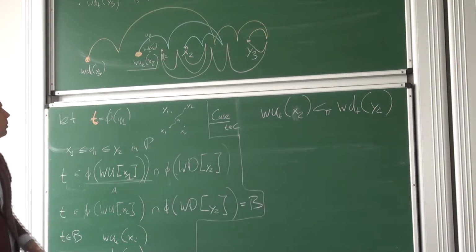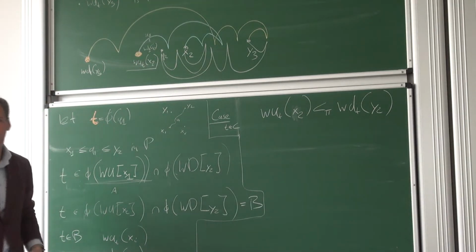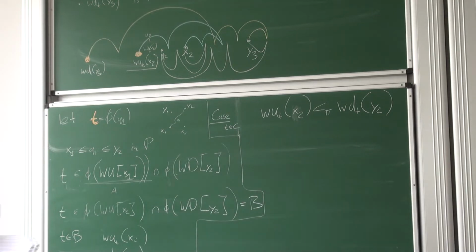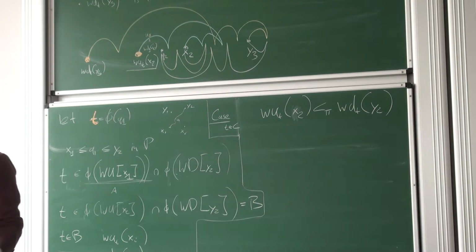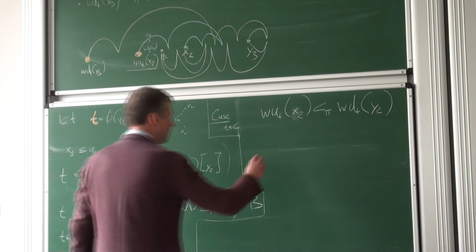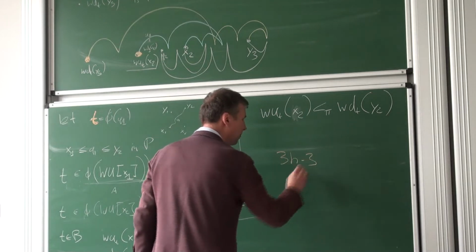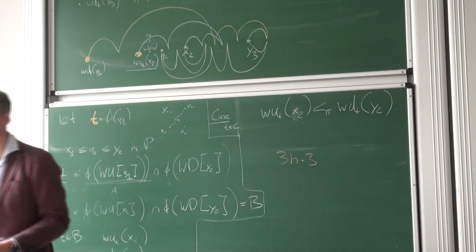Therefore I know that among all the union of the three paths, one of these two is the leftmost. And this means that from the one that is right, if I start walking, I'll get to the one which is left in a number of steps which is at most 3h minus 3. And I reach it.